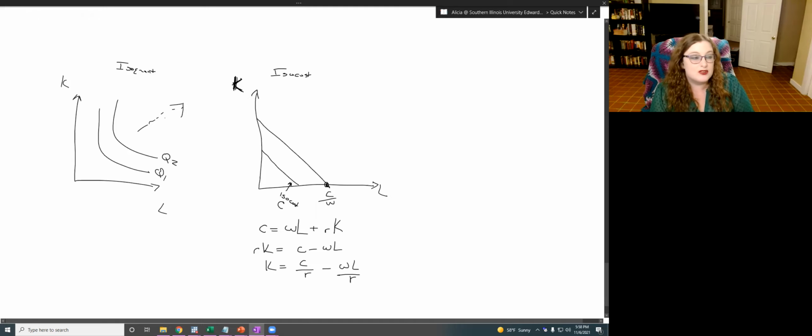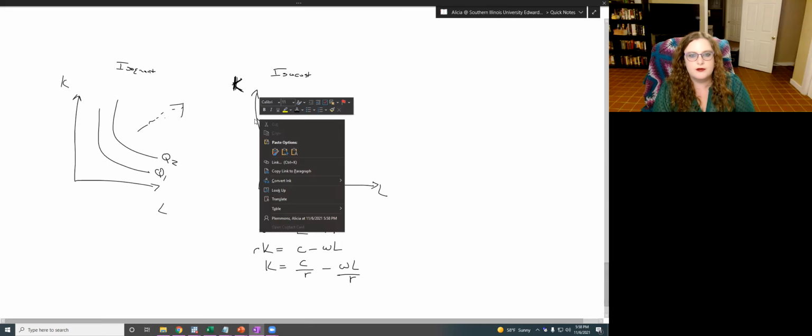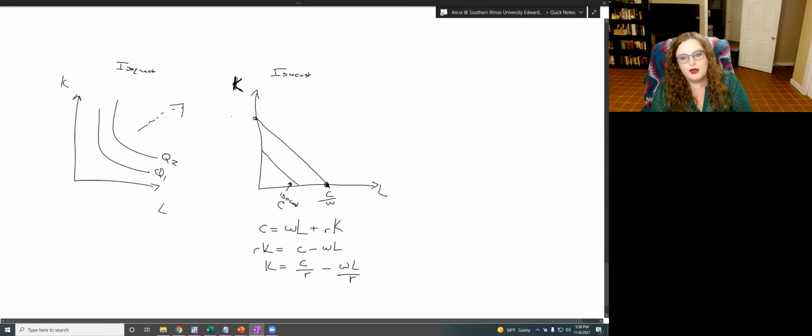That's the number of laborers that we're going to be able to purchase. That will be this input. Over here for capital, if we spend all of our money only on machines, then it's going to be our total cost divided by that rental rate of capital.